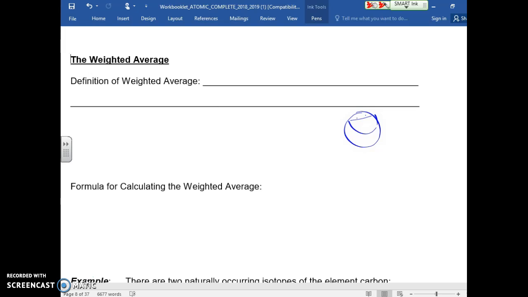The first thing I want to point out is, where have we been? We've talked about something called the mass number, and of course, that's the sum of the number of protons and neutrons in a given nucleus, in a given isotope. We are now going to talk about something called the atomic mass.